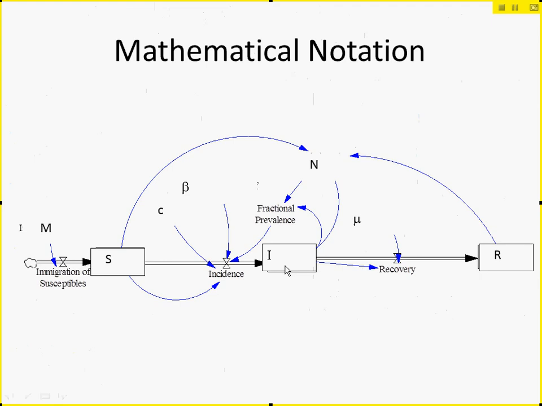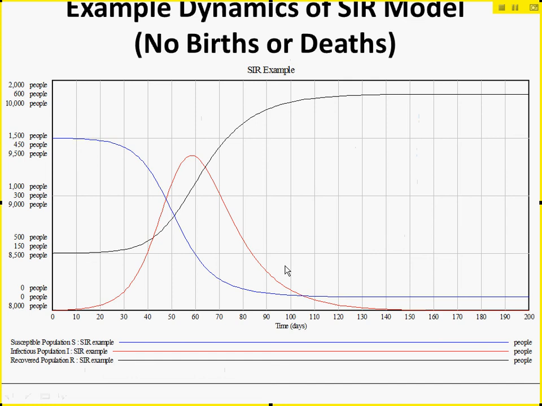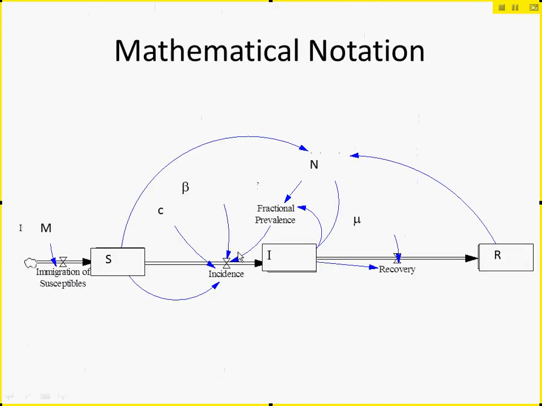So, ladies and gentlemen, this downwards decline here is driven by two things. You could argue even three things. It's driven by a high rate of outflow here. It's also driven by a declining number of susceptibles. It's also driven by a declining number of infectives. And all those contribute to a declining number of infectives. This is a feedback, right?